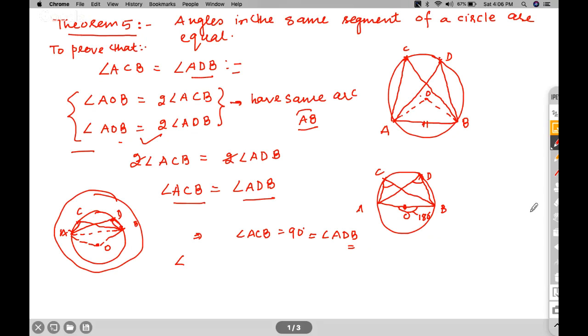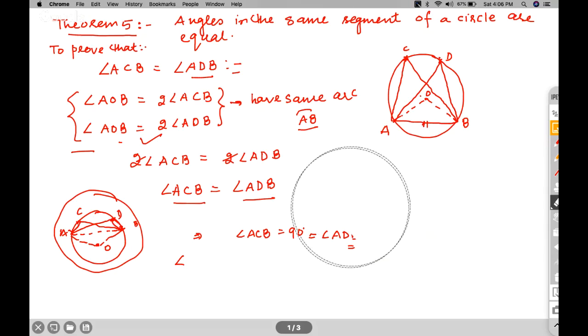Now let me go to the last theorem of this topic.